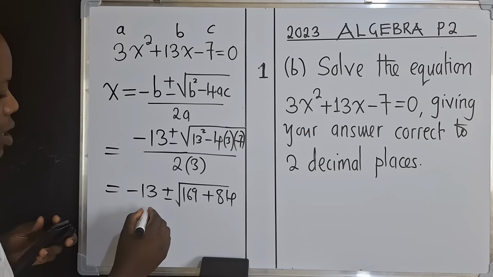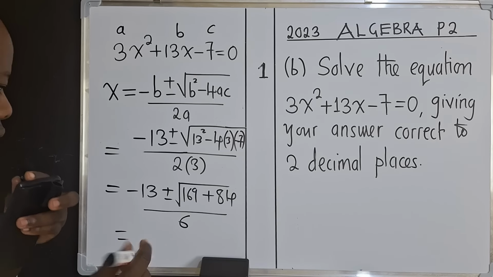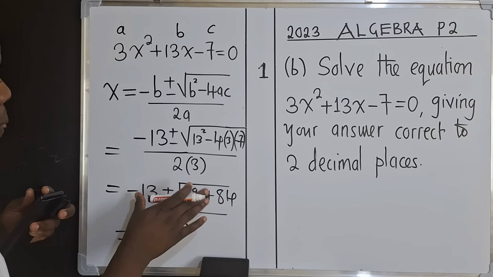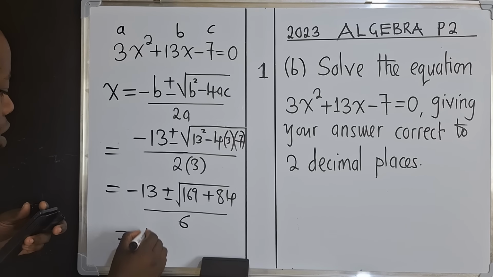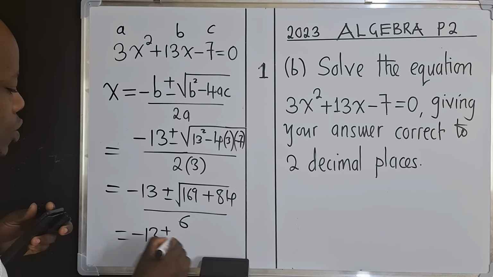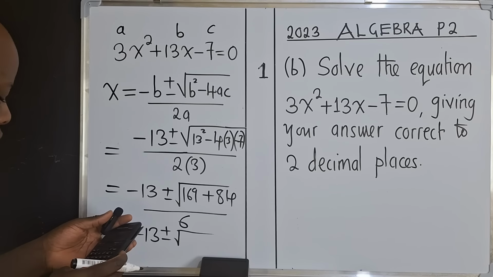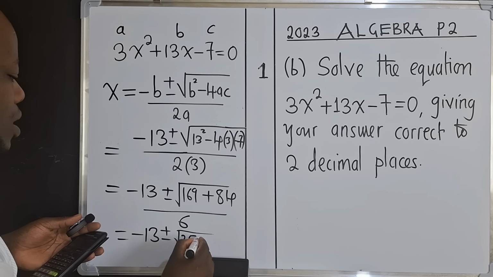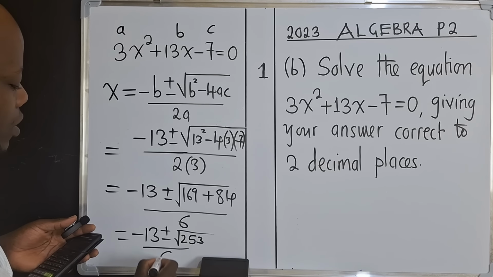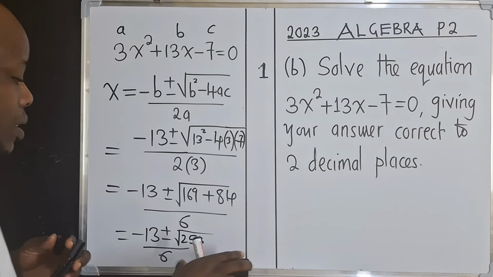And of course, down here, it will be 6. So now we can separate. At this point, let's first simplify inside. We've got negative 13 plus or minus root over, and when we add inside there, we are getting 253 over 6.